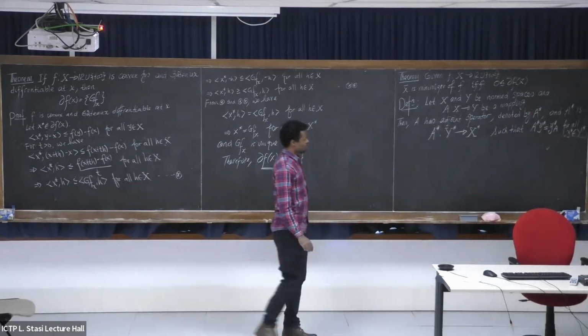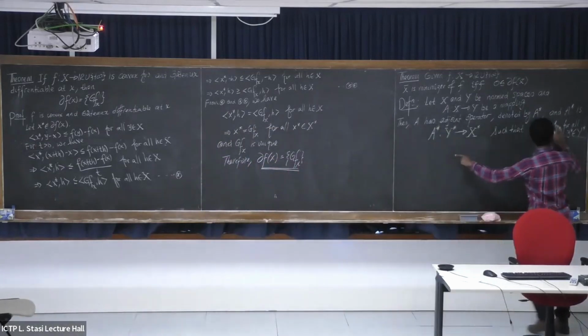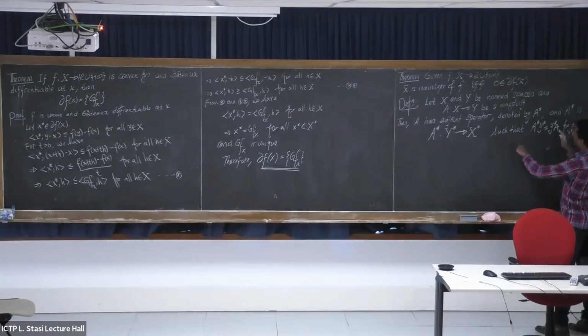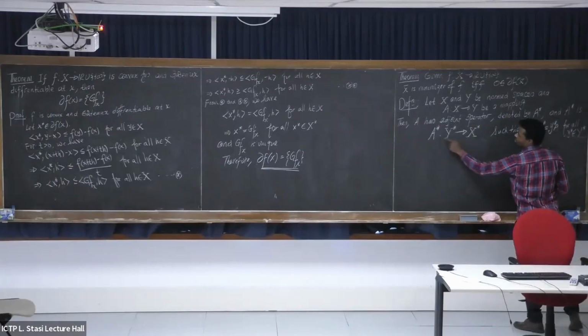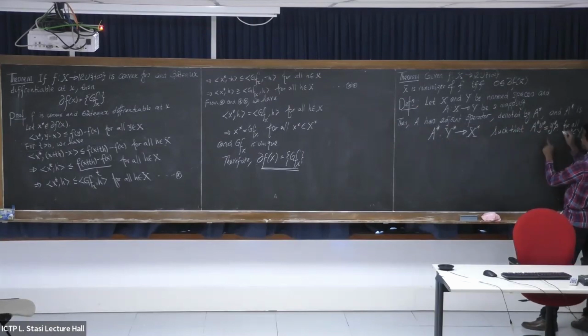An operator has an adjoint operator if such an A star exists, mapped from Y star to X star, so that it satisfies this.